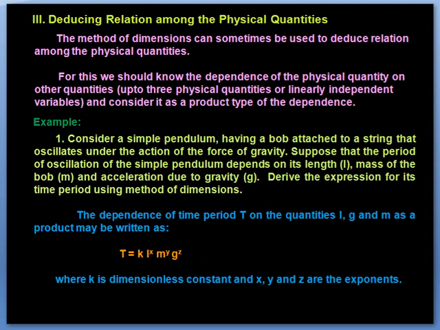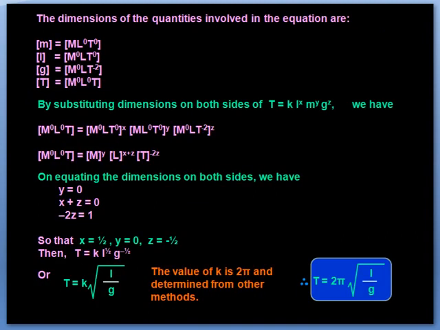Now the dimensions of the quantities involved in the equation are M, L, and T. First of all we have to write the dimensions of all the physical quantities on both sides.